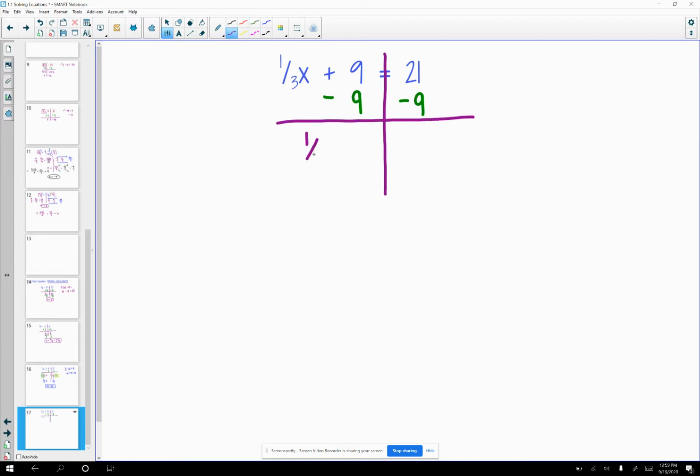Leaves me with 1/3 times x equals, and 21 minus 9 leaves me with 12. And my last step, multiply by that reciprocal, which is 3 over 1.